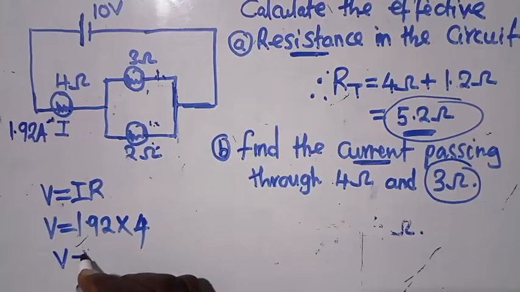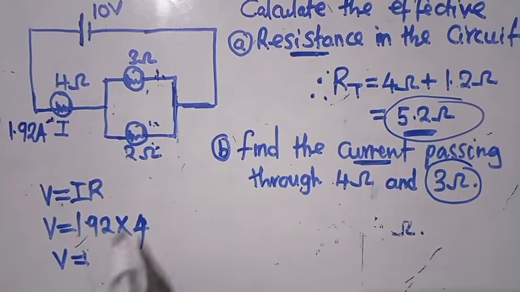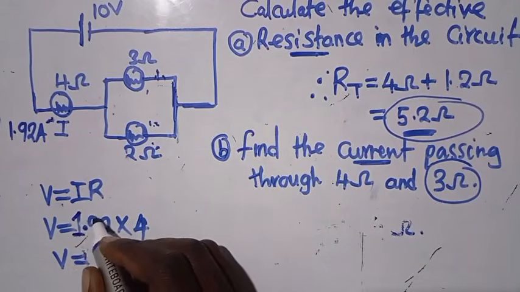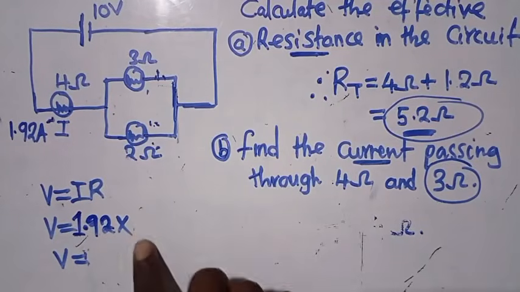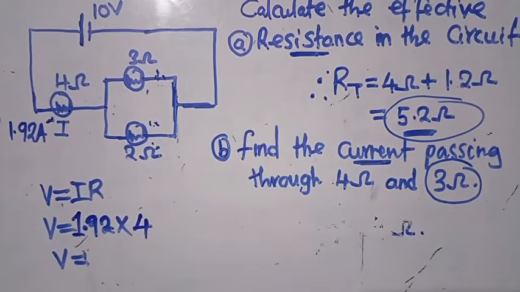So what is the answer? What answer are we getting here when we multiply 1.92 times 4? Let's be quick in participating.